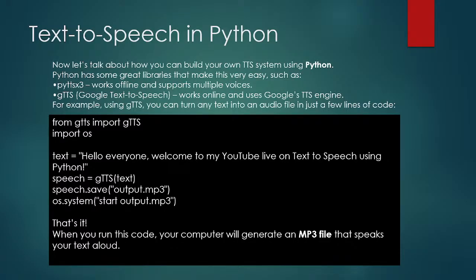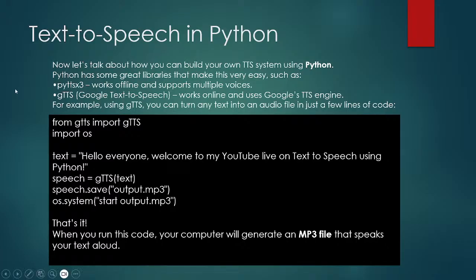I have a video on my channel where I use pyttsx3 to generate a voice, but in this video we're using gTTS, which is the Google text to speech. This one is purely online and uses the Google text to speech engine. For example, using gTTS, you can turn any text into an audio file in just a few lines of code.